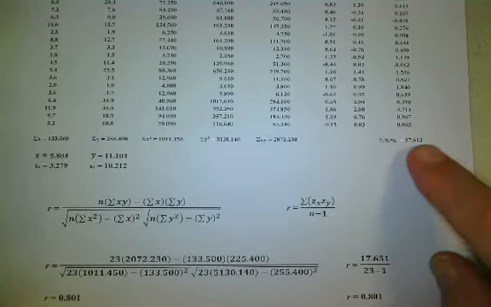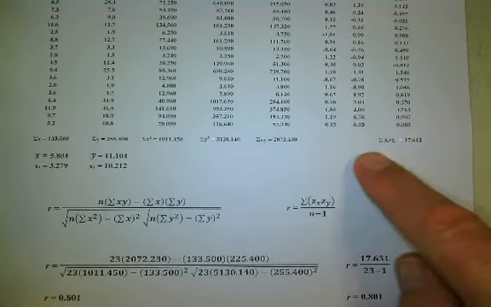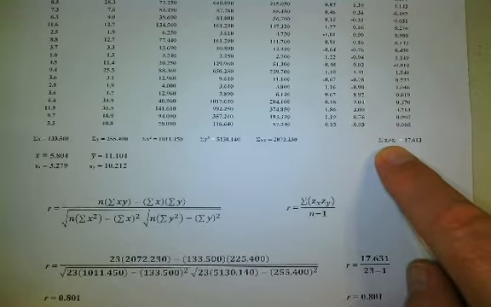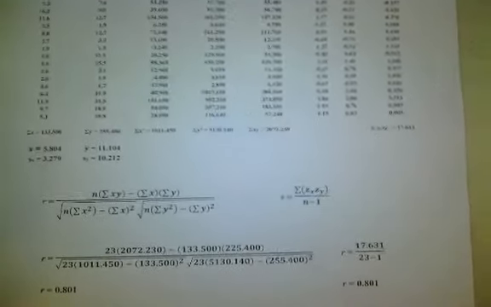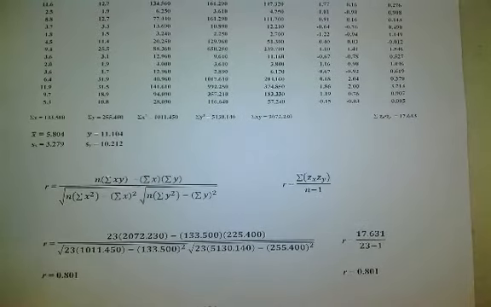Likewise, if we take the sum of the products of the z-scores, zx times zy, you can see that one being calculated there. And there is our R. A note that they have come out the same regardless of which equation I'm using for finding R.